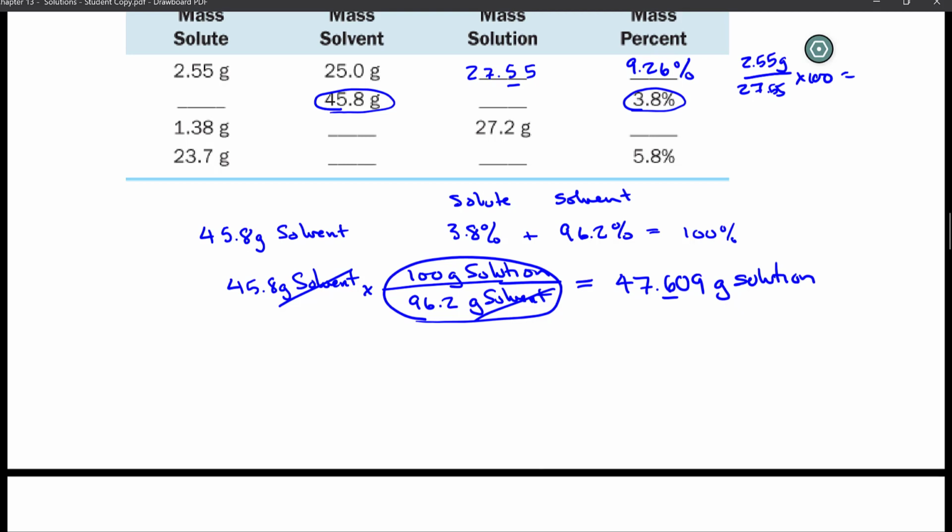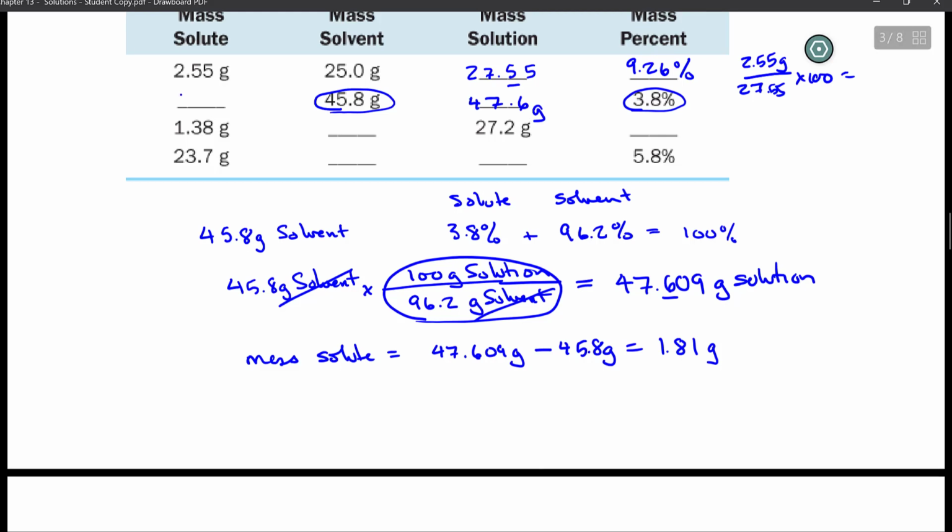So the mass of solution is 47.609 grams, minus the mass of the solvent, which is 45.8 grams. And that'll tell me how much solute is in the solution. So that gives me 1.81, rounded, grams of solute.